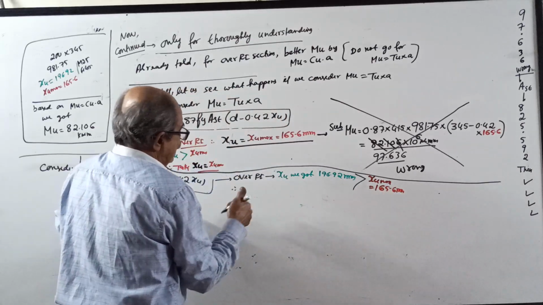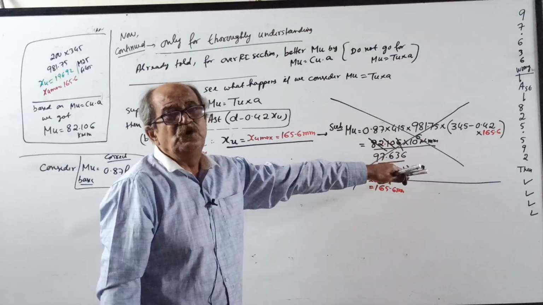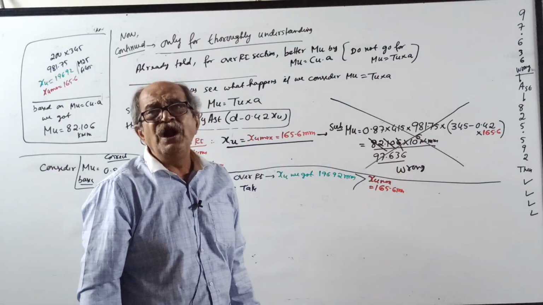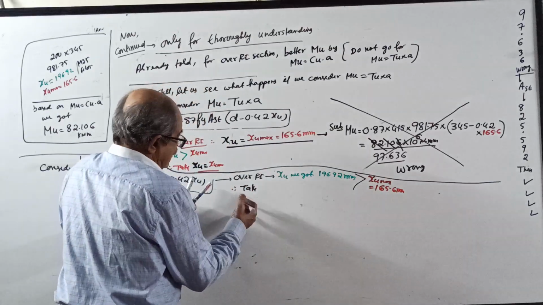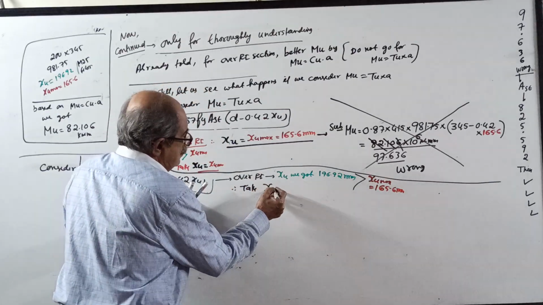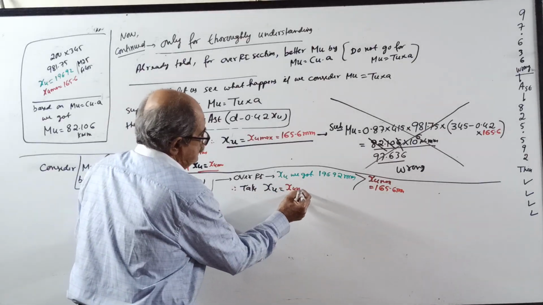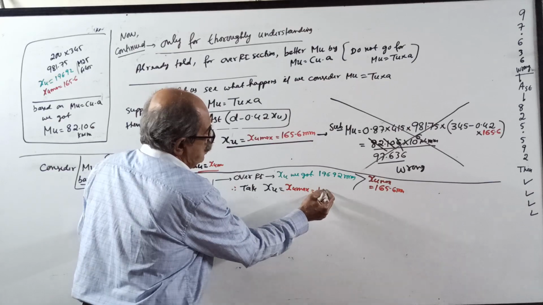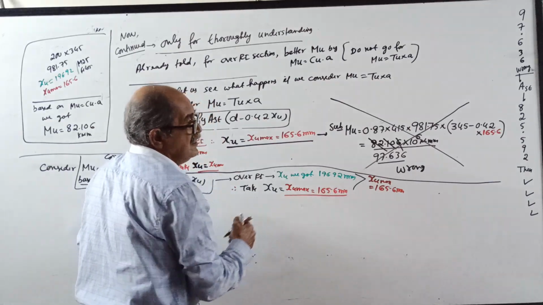Therefore, I will tell you, take that, as it is more than Xu for a balanced section. Beyond that is a limiting value. So you should take Xu equal to Xu max. Xu max equal to 165.6 millimeter. I will tell this is the correction.